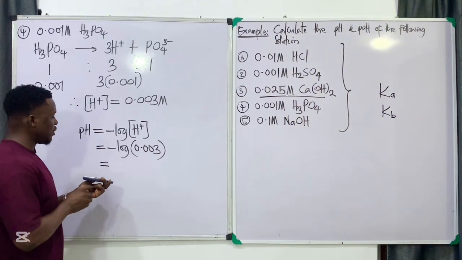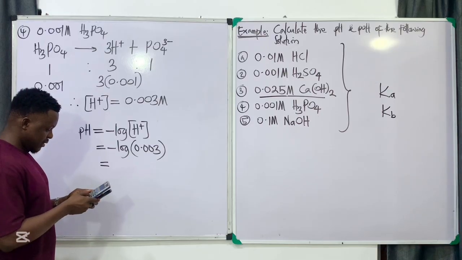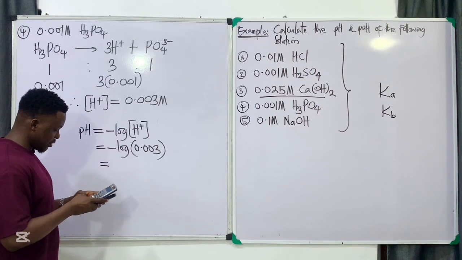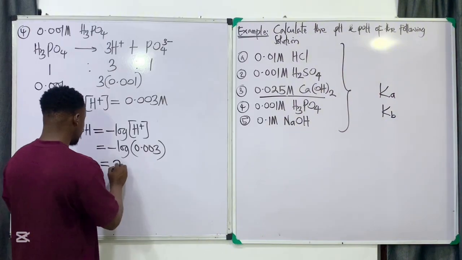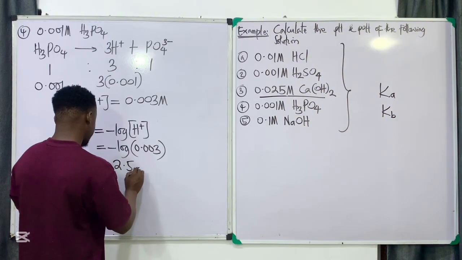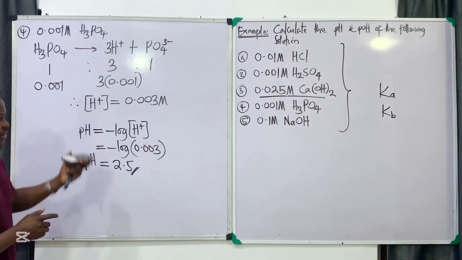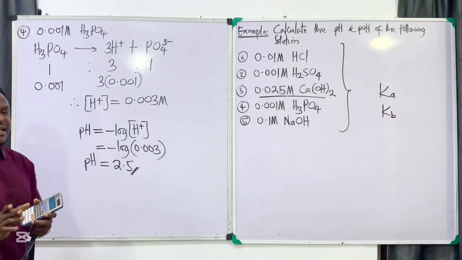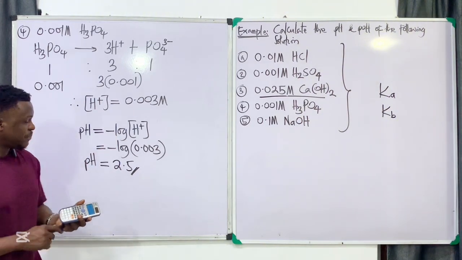So if you press your calculator, we have negative log of 0.003. This equals 2.5. So pH of this is equal to 2.5, but once again, remember, we were asked for pH and pOH, not just pH alone.